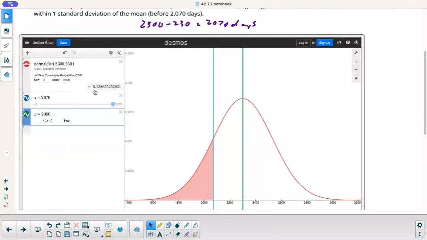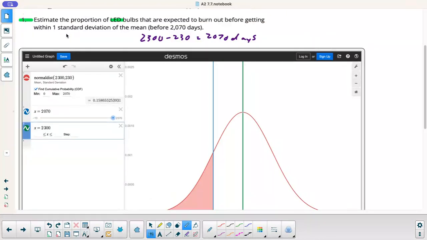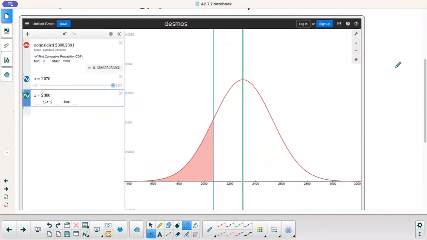But anyways, the answer here to this is 0.1587.